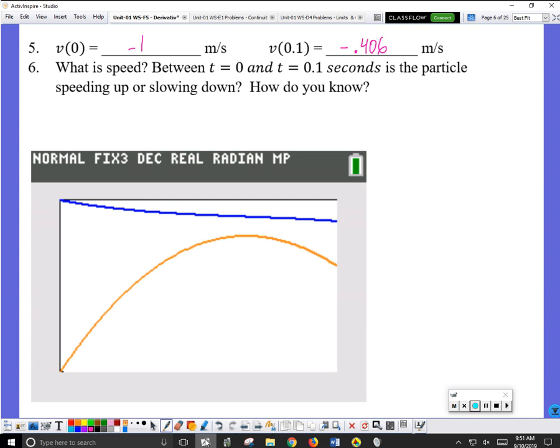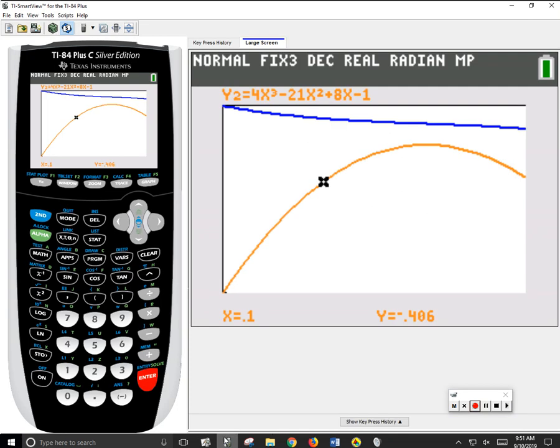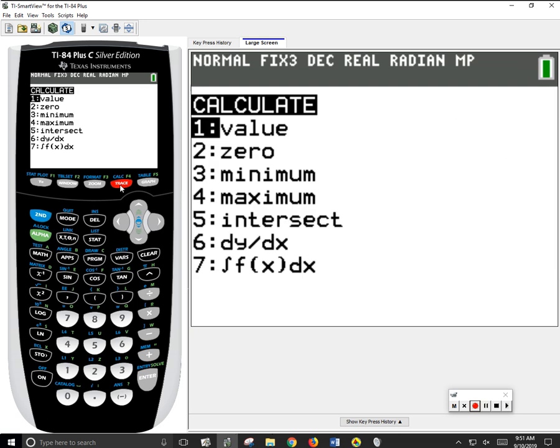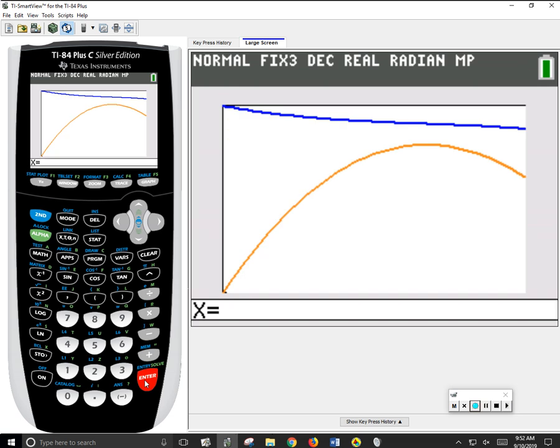On the 84, you can go to this menu and choose value. There could be a similar function on yours, like the same menu that is used to find intersect and that sort of thing. Once you choose value, Abby, like so, then you can tell it which one you want.